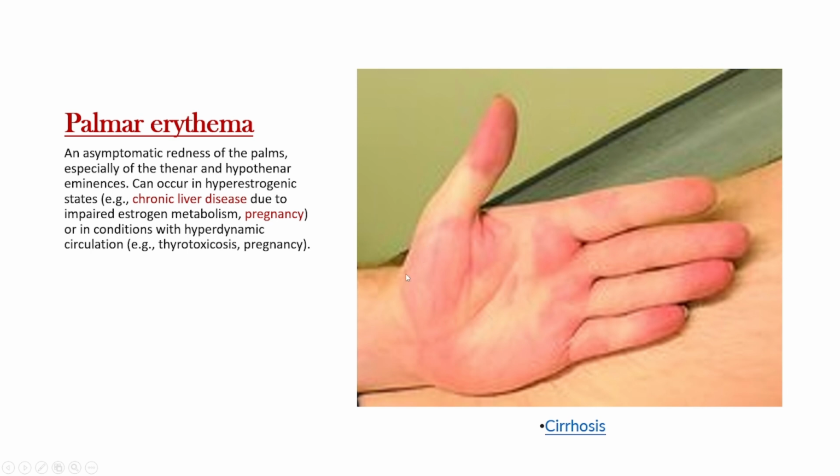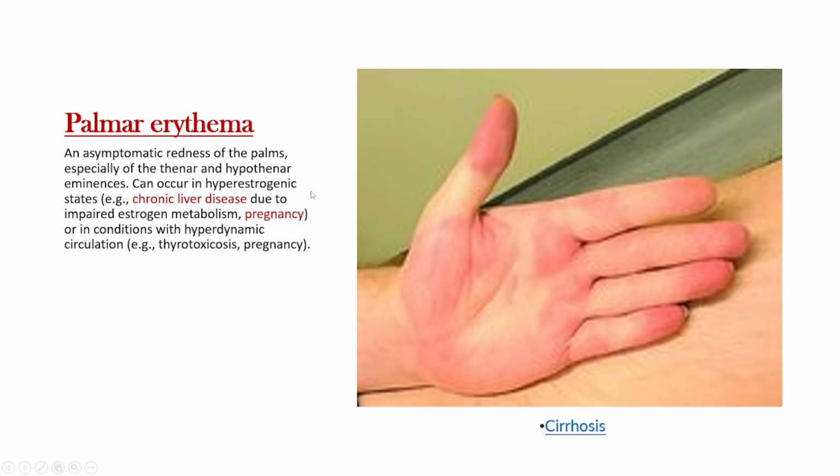So the first picture we have here, or the first condition, is palmar erythema. It is an asymptomatic redness of the palm, especially in the thenar and hypothenar area. Why does this happen? It happens because we will have a hyperestrogenic state. We will have high levels of estrogen.